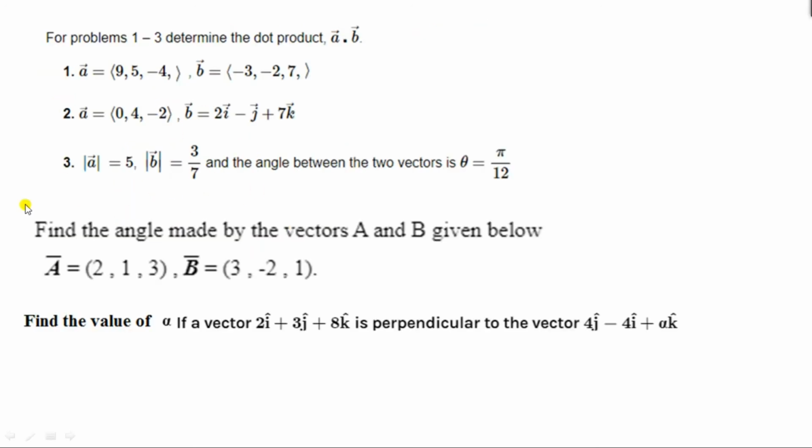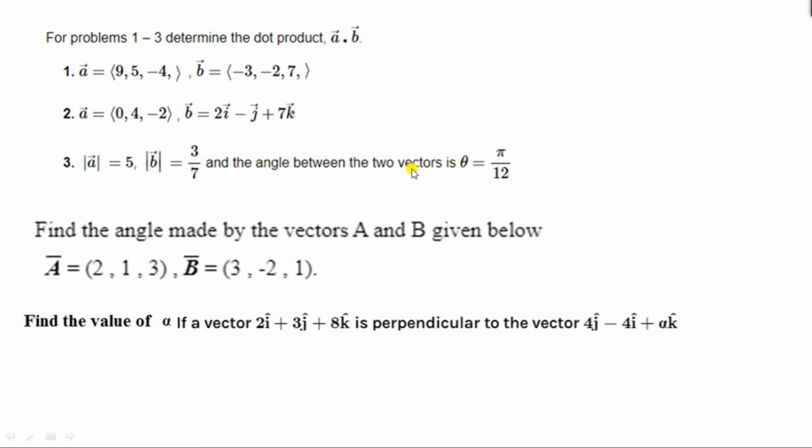Now you can try this question. A vector is given by 9, 5, 4. That means you have to put i, j and k. So A vector will be 9i plus 5j minus 4k. So this way you can solve this question. Here magnitude of A and magnitude of B is given and the angle is given.